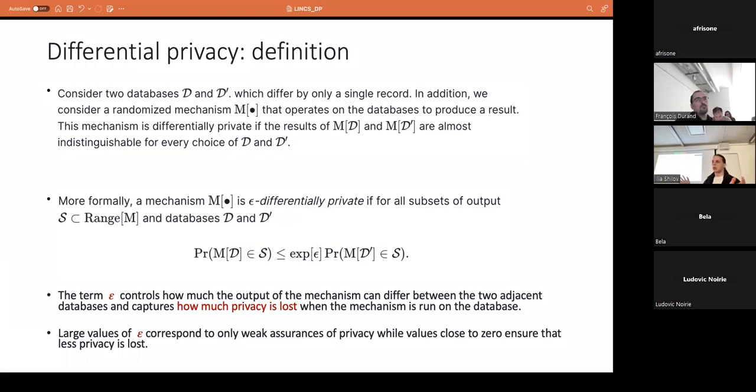So D and D prime are symmetrical. Yes, exactly. The ratio is bounded. Is that why your epsilon is more than one? It doesn't need to be more than one, to be honest.